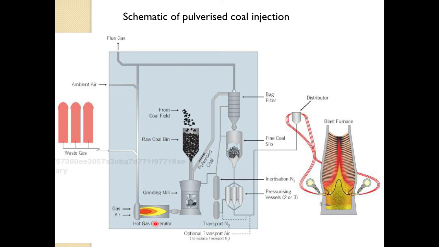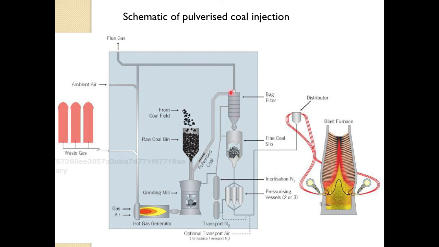So, this is a schematic of a pulverized coal injection unit. As you can see, the waste gases and other things come over here, coal field.